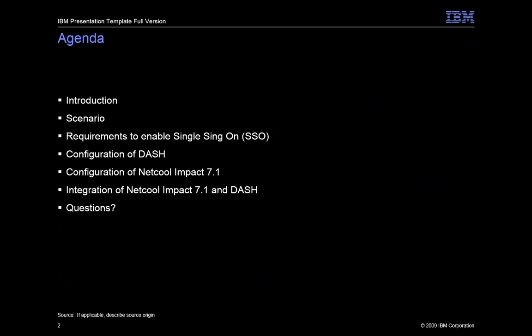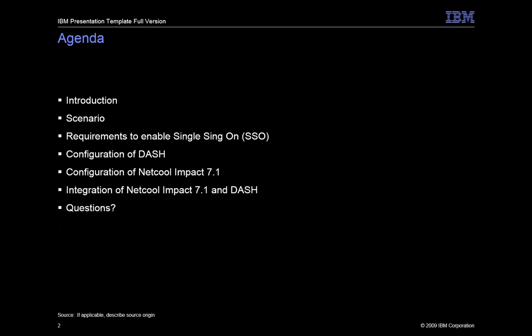Dash is something new that has come up with other products, and the integration with Impact has come up with Impact 7.1, and it's something that a lot of customers are using now, and we have seen a big increase in the volume of ticketing because of the integration. And there's a few things that were not clear in the documentation that hopefully after this presentation are clear.